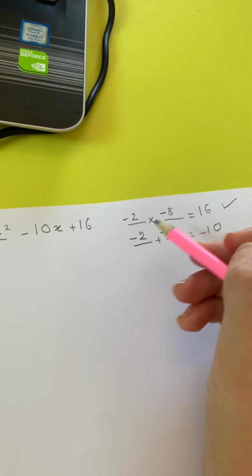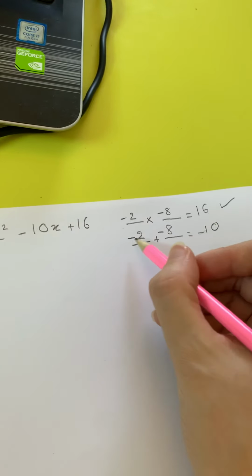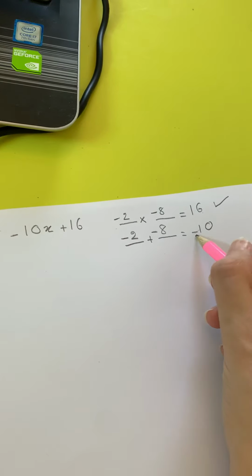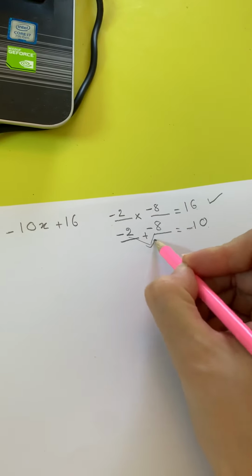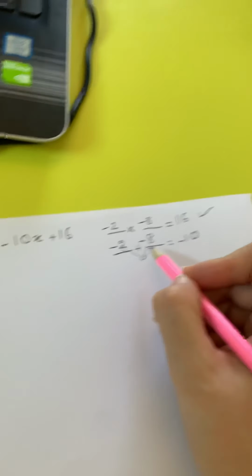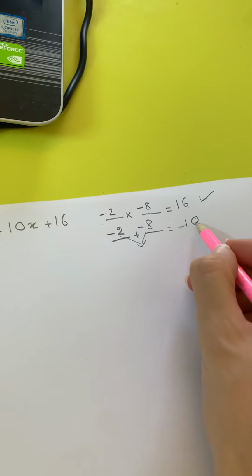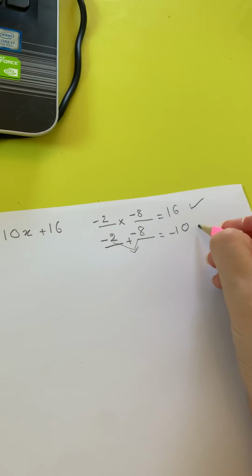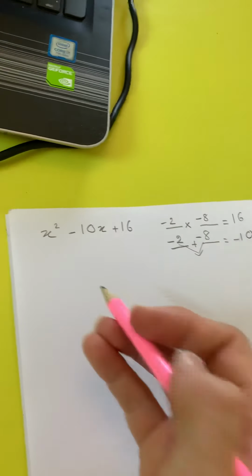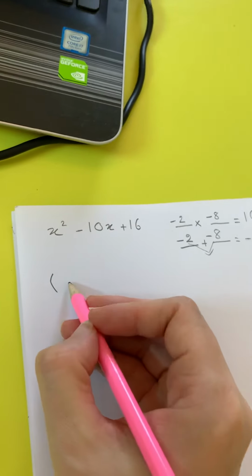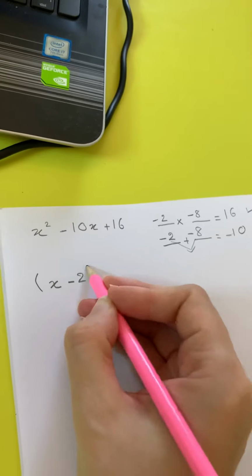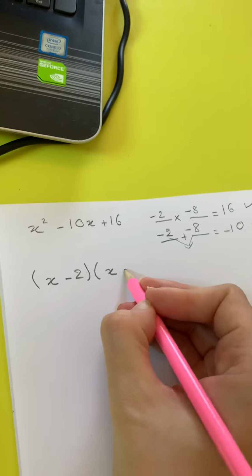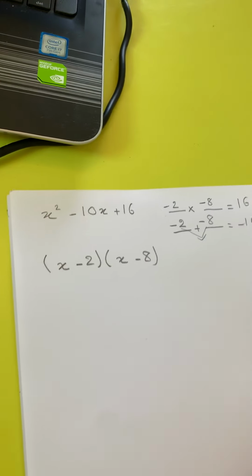Yes, it is. And is negative 2 plus negative 8 equal to negative 10? Yes, because you remember that two numbers of the same sign, you add them, and the answer keeps the sign, negative 10, which is correct. So the factored form will be (x - 2)(x - 8). Okay?